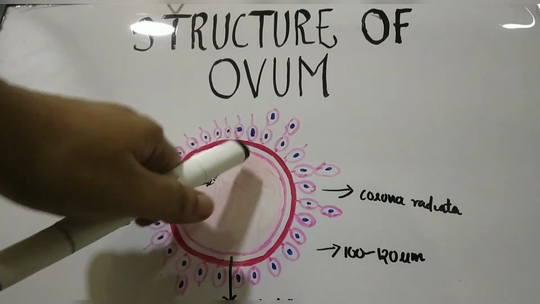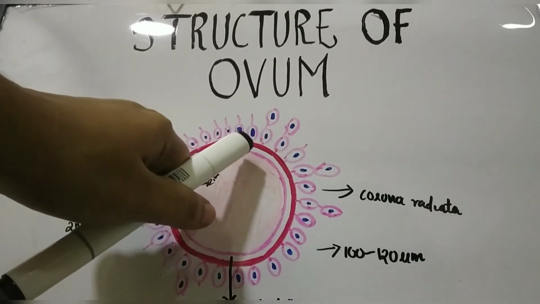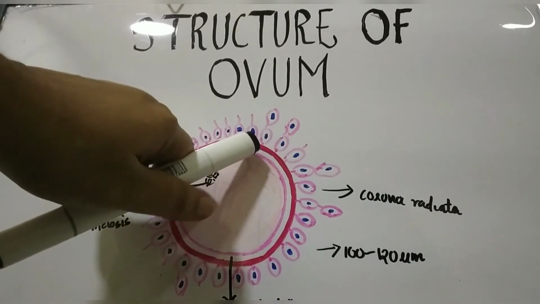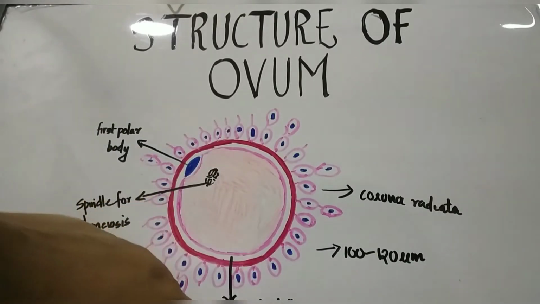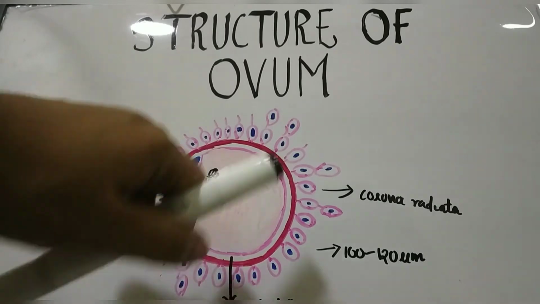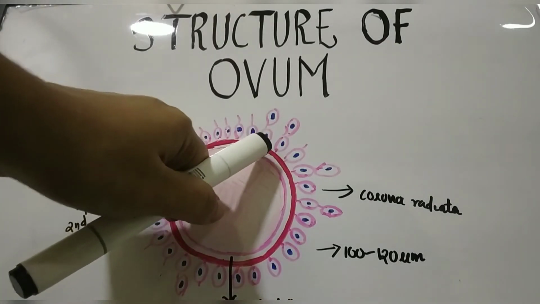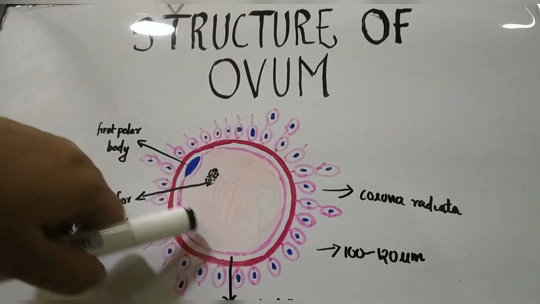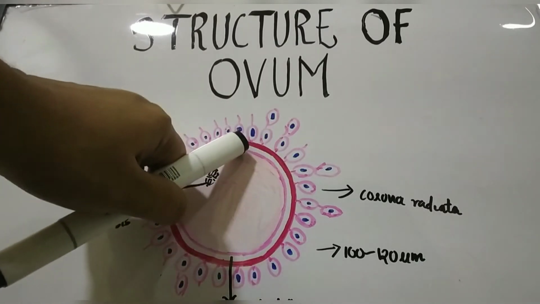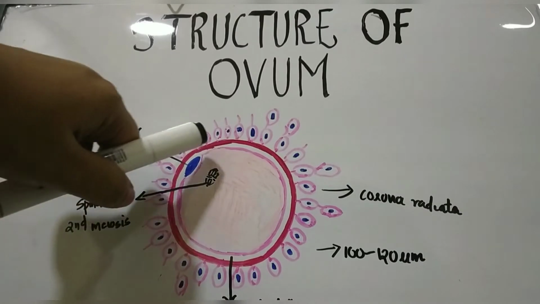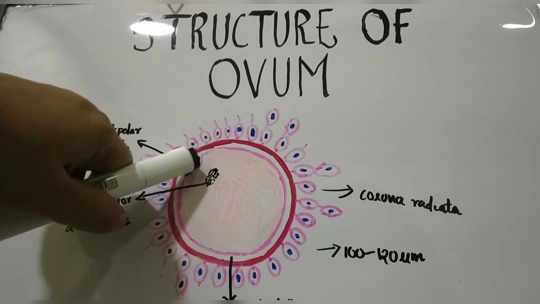In between the vitelline membrane, or the cell membrane, and the zona pellucida, you can see a space, and that space is called the perivitelline space. In this space you can see the first polar body.